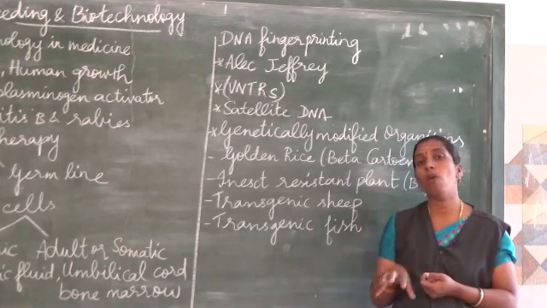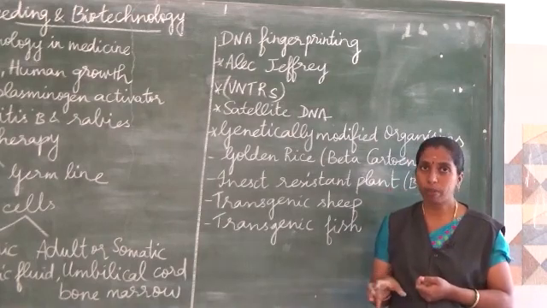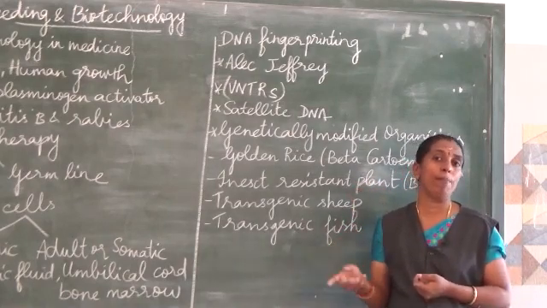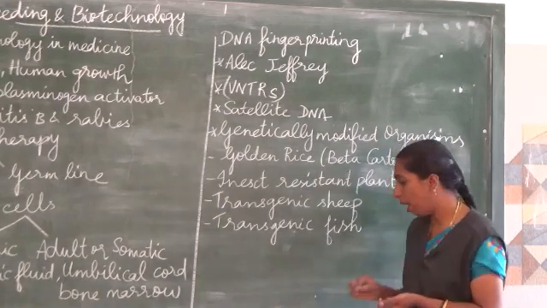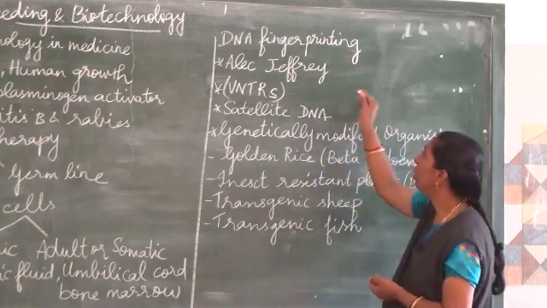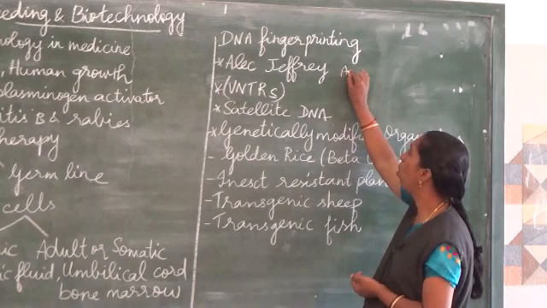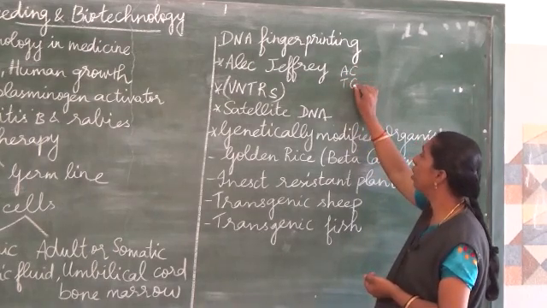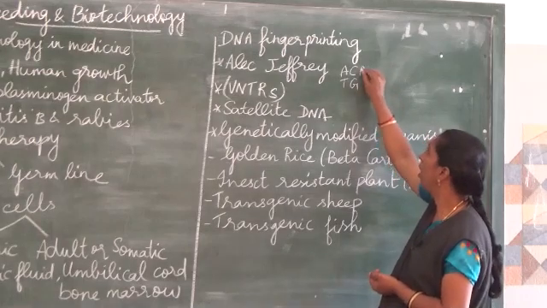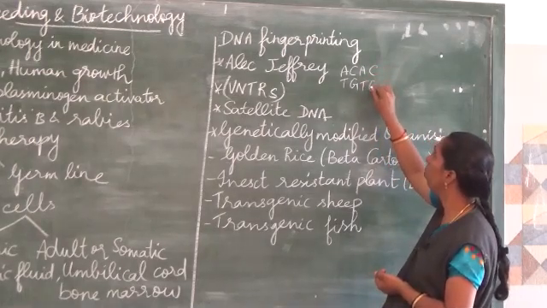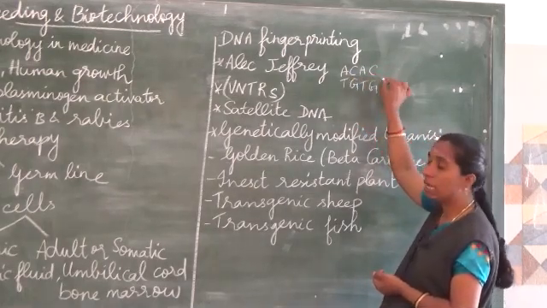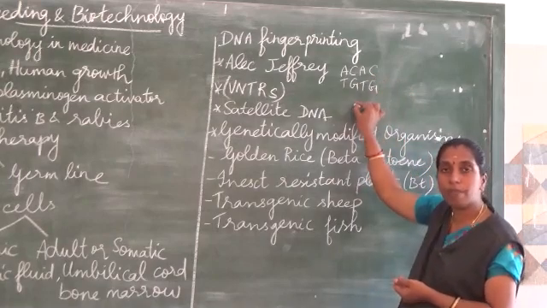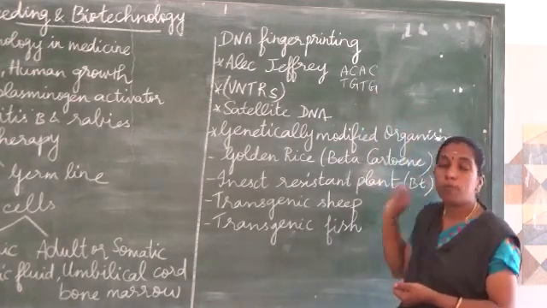So these three make up DNA. This sequence will be different. For example, adenine will always pair with thymine, cytosine always pairs with guanine. So adenine, thymine, cytosine, guanine. This DNA sequence is different for different organisms.